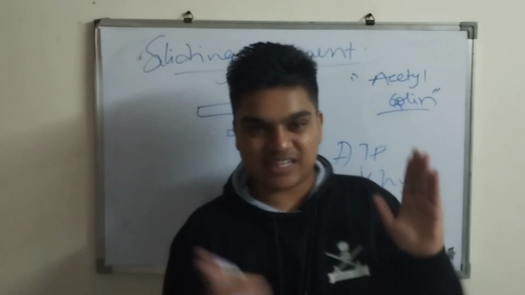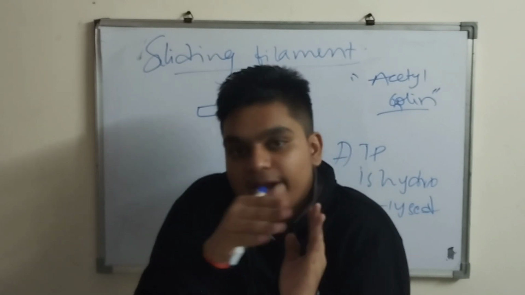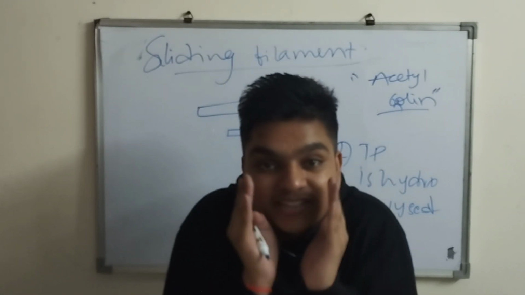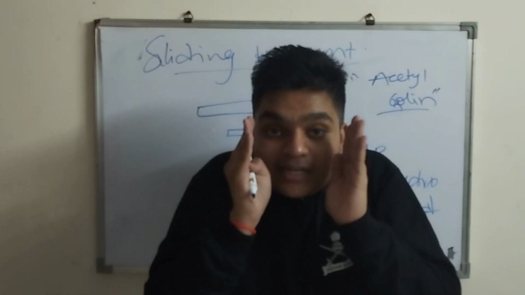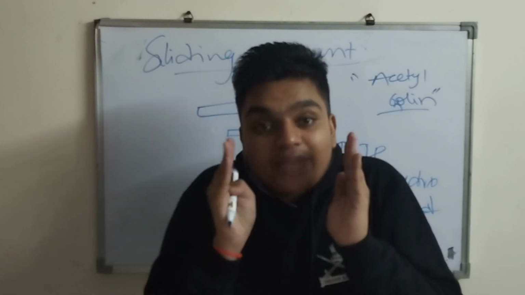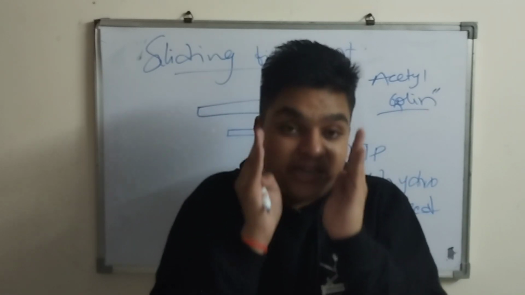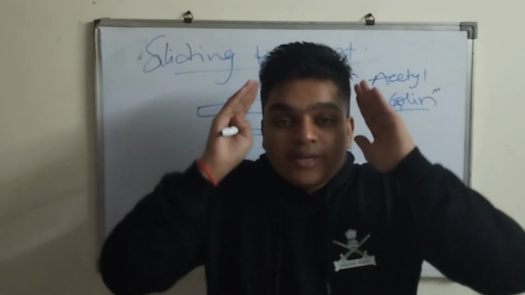While pushing the actin, the Z lines come closer, ATP gets used, and as the Z lines come closer, the H band decreases, the A band remains the same. The Z lines come closer until the two I bands almost meet each other, but they do not meet, and the A band remains the same.